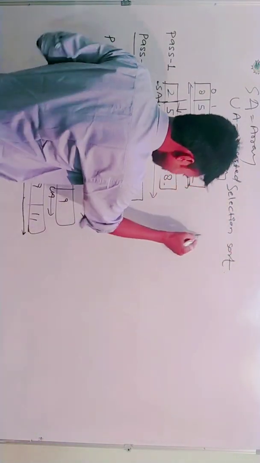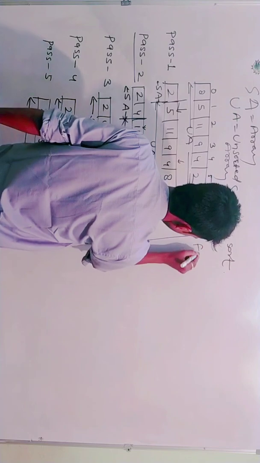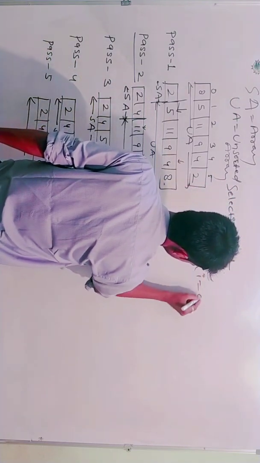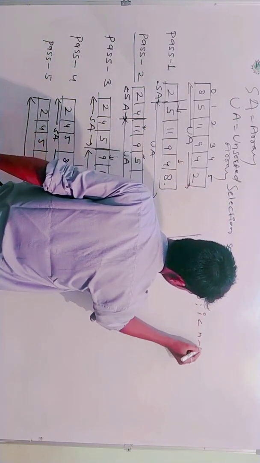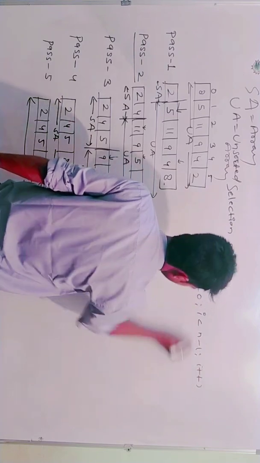This is a for loop: for I is 0, I less than n minus 1, I plus plus.